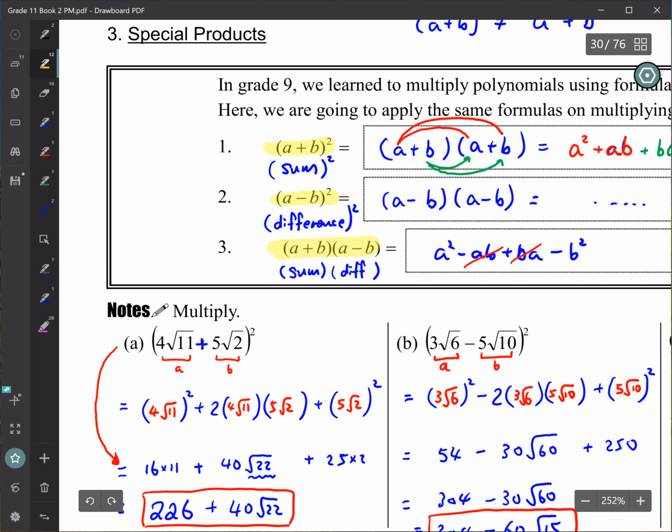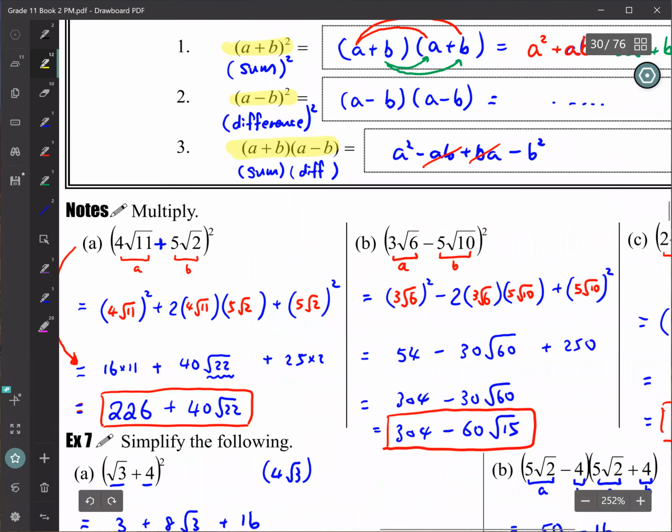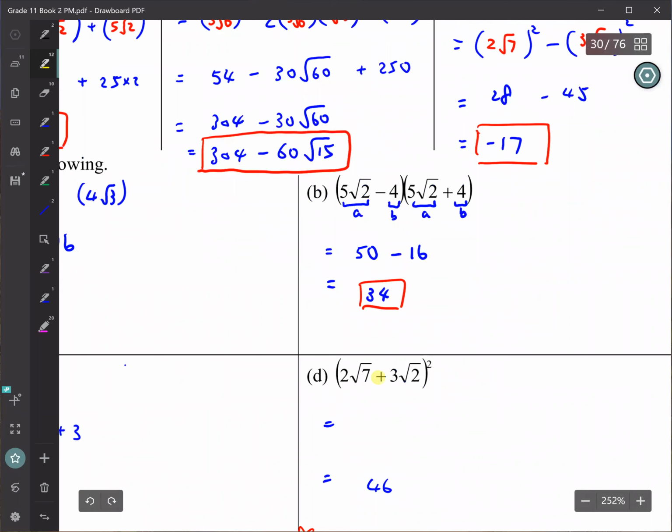Okay, so which one do you think the question is? Number 1, because it has 1 bracket. Well, both number 1 and 2 have 1 bracket. It's like positive. Okay. So the key is you see the middle is adding, it's the first formula. So can you tell us what's the first formula?